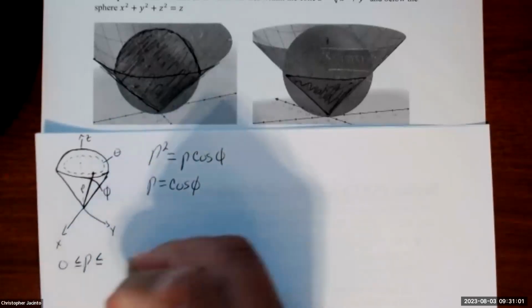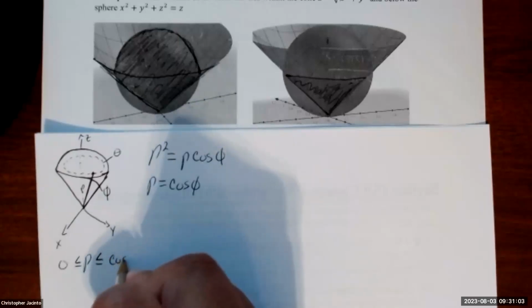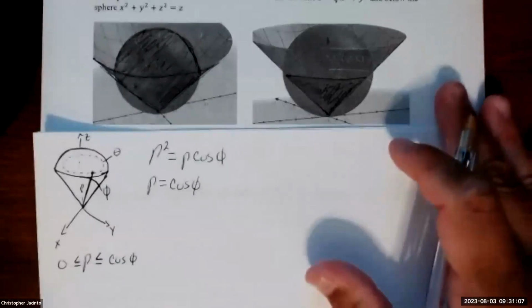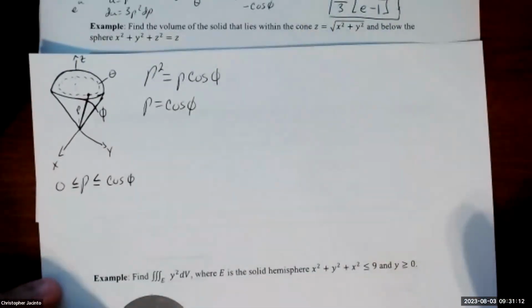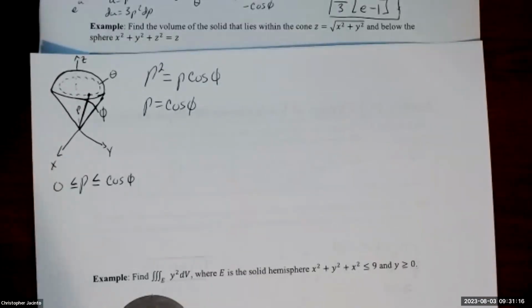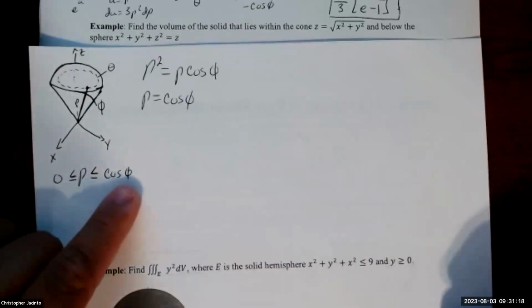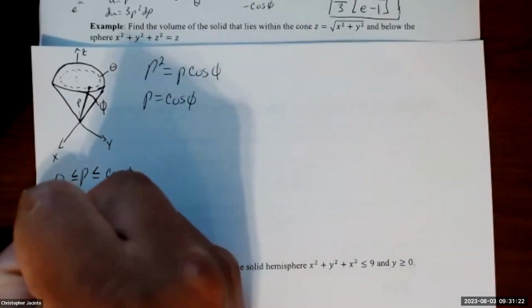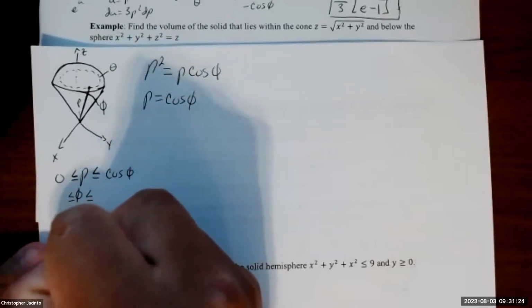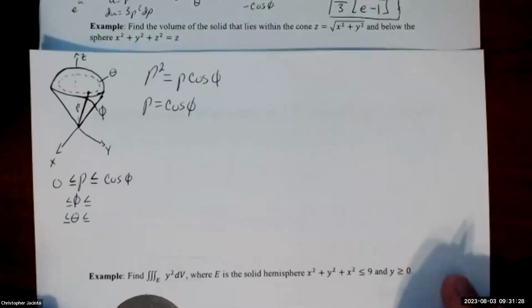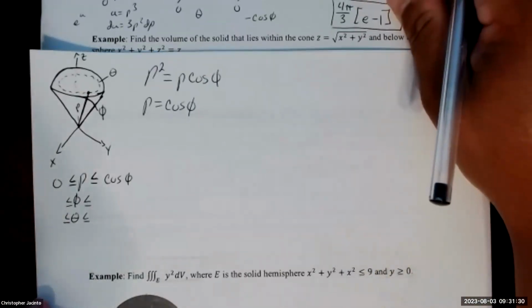So we have rho from 0 to cosine phi. All right, so to find what phi is going to be, because we need both of them. And you can probably tell theta is going to be from 0 to pi, but we'll get there once we get there.